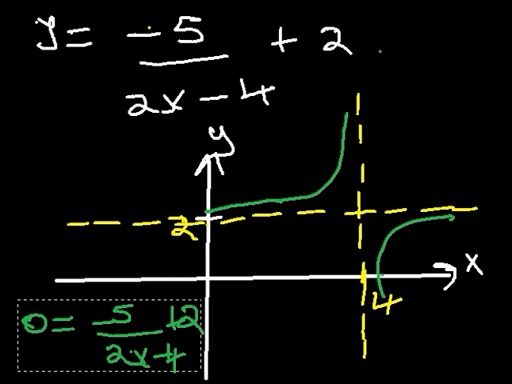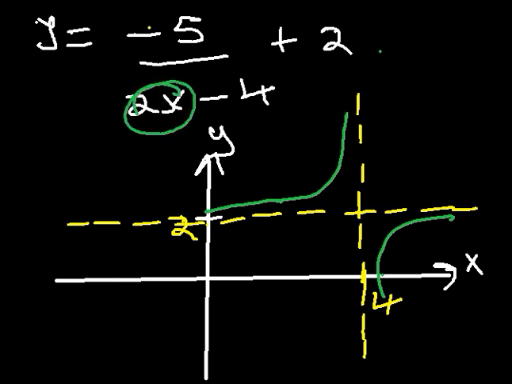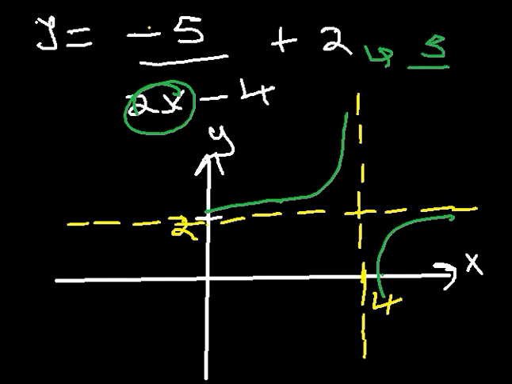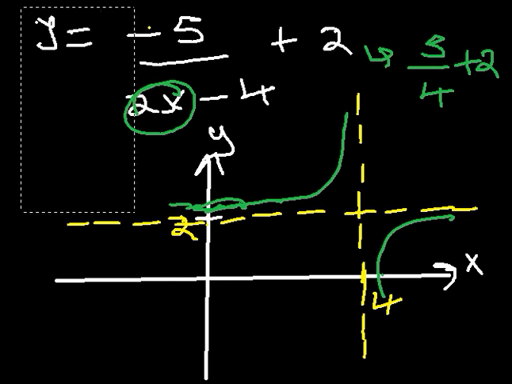If you substitute x as 0, we'll have 5 over 4 plus 2, which is about 2 point something, in line with where the graph will cut across the y-axis. So this is where the y-intercept will be obtained. So keep that in mind.